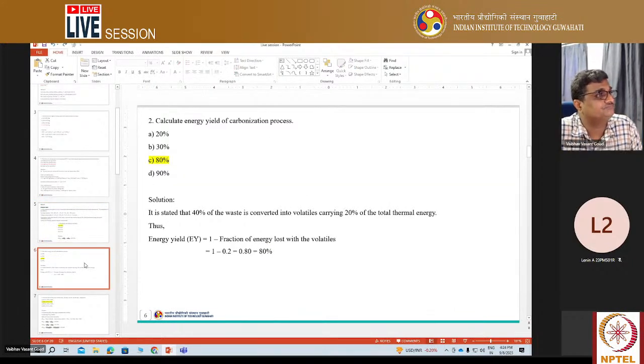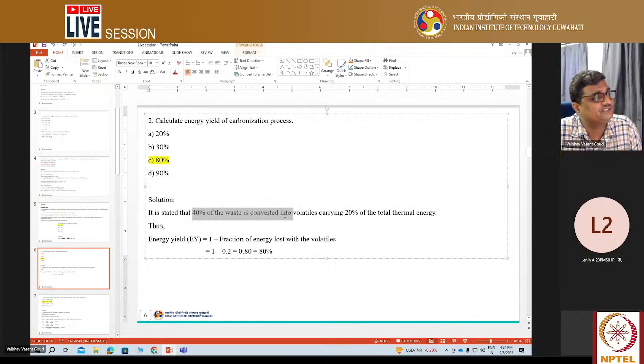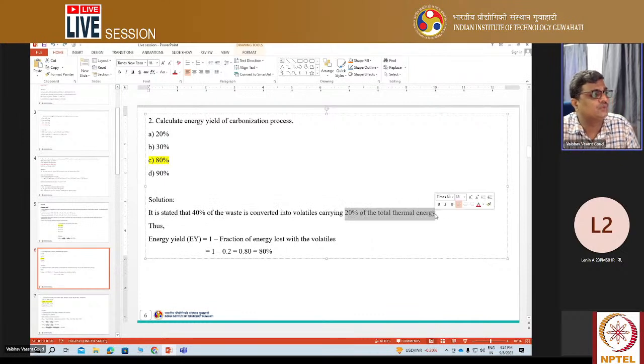Similarly, the energy yield of the carbonization process. As stated, 40% of the waste is converted into volatiles, carrying 20% of the total thermal energy. So 20% of the total thermal energy is getting lost with these volatiles. So that is 1 minus 0.2. It is simple. So 80% is the energy yield.